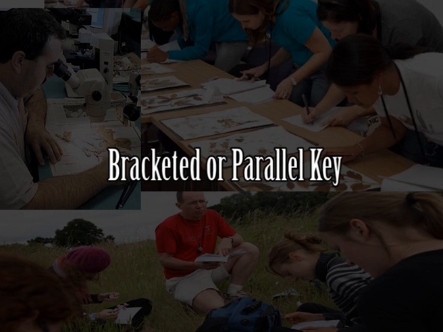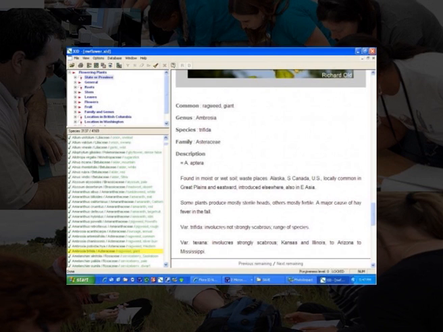Now, we discuss the second design, called bracketed or parallel key. In this type of key, the two leads of a couplet are always together and the distance from the margin is always the same. Such arrangement of couplets is useful for longer keys where keys run to several pages.